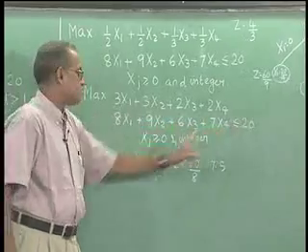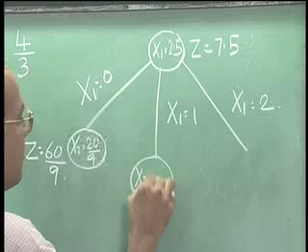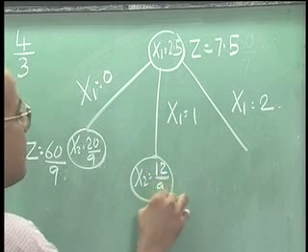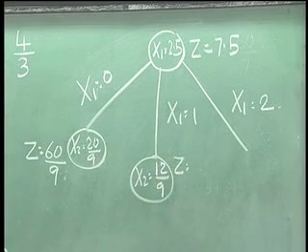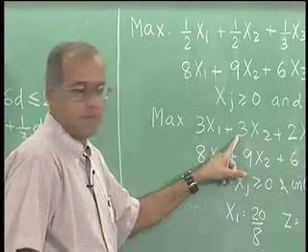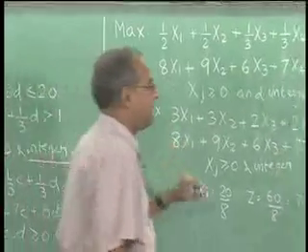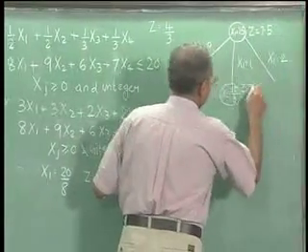So, this would give us a solution x2 is equal to 12 by 9 and z will be equal to 12 by 9 into 3, 36 by 9, which is 4, plus x1 equal to 1 would give us another 3. So, this would give us z equal to 7.